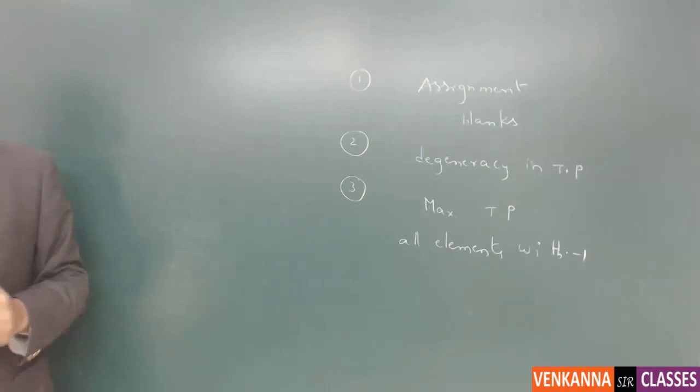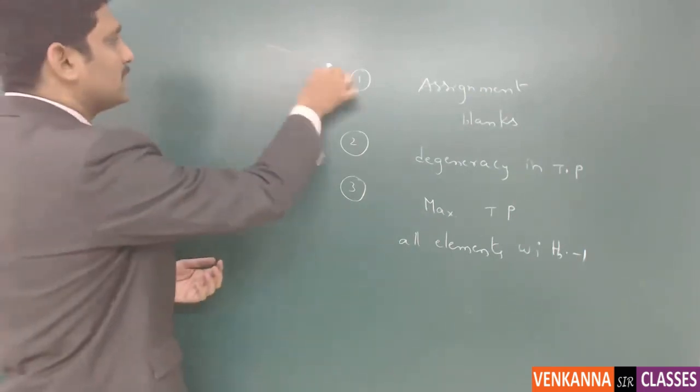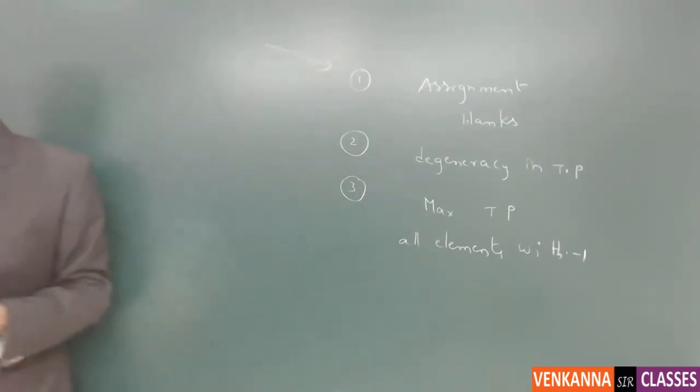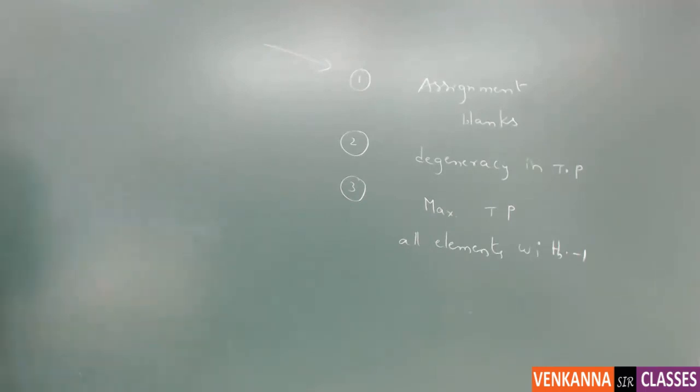If time permits, then I will go with one more problem on the assignment model. That is the objective of today's session. Is that fine? Do you have anything to add? If you have any other queries, please respond.